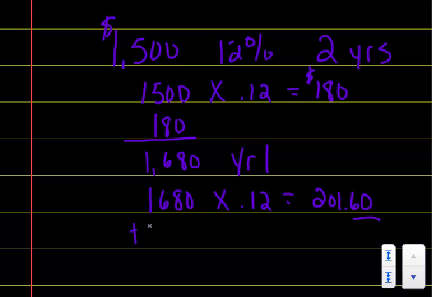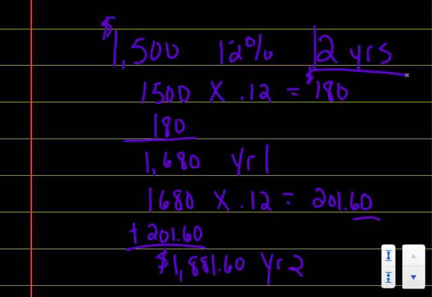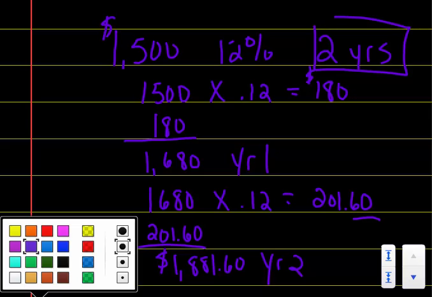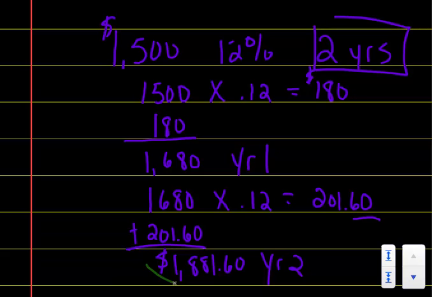So I add over here 201.60. And if I add that together, I end up with $1,881.60. Put my dollar sign. This is year 2. I knew that I needed to calculate only for 2 years, and so I can simply take this number, put it down as my answer.